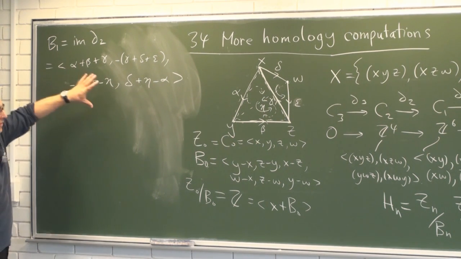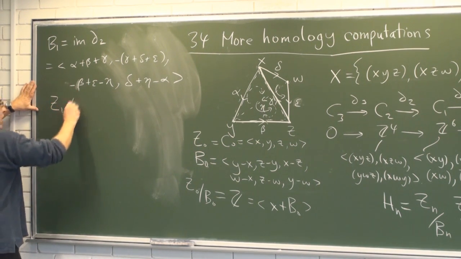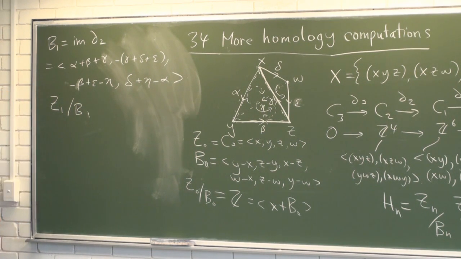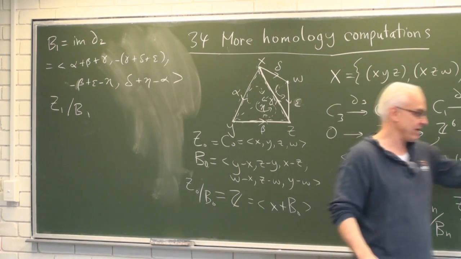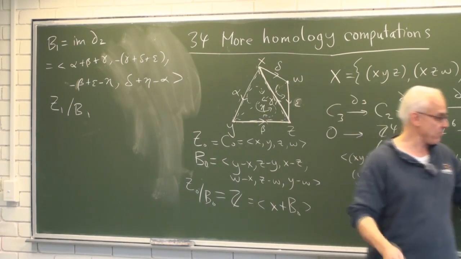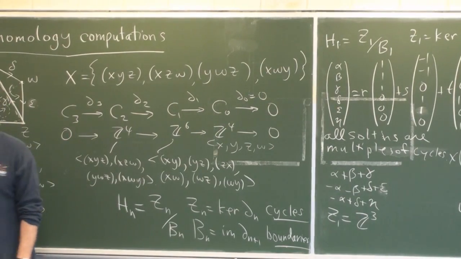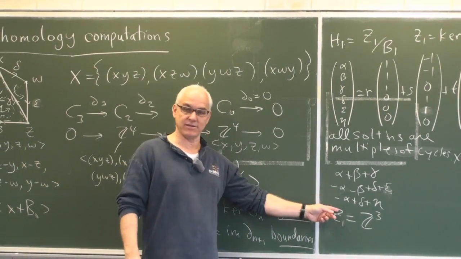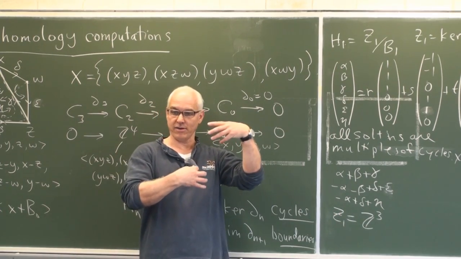Okay, we know each of these is a cycle. So now we have to compute Z1 mod B1. Z1 was the group generated by these three cycles, and we know that B1 is a subgroup of this. In other words, each one of these can be written as a combination of these ones. The question is, what does the quotient look like?